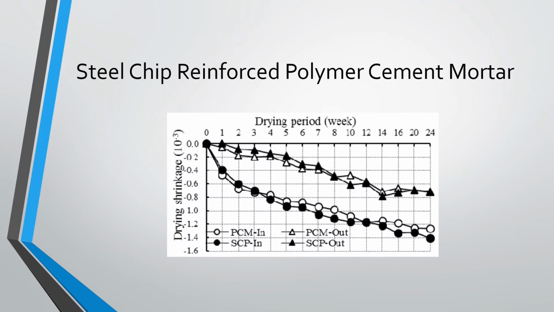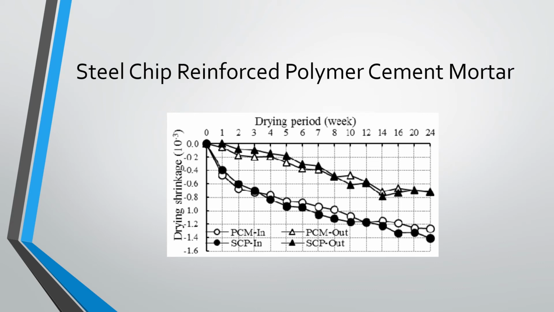As we can see, the curve with the triangles is the PCM and SCP without both the chemicals and the materials, and the circle curve is with them.